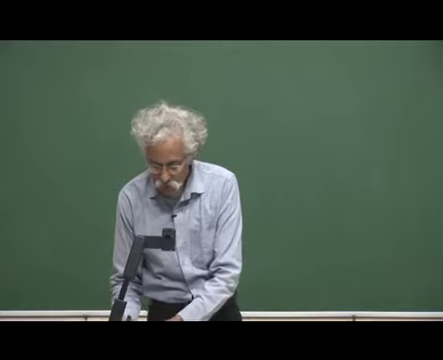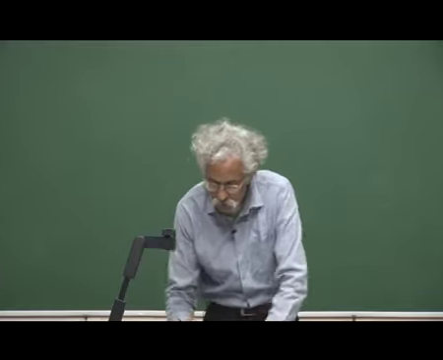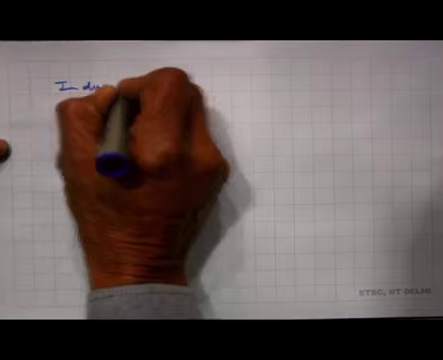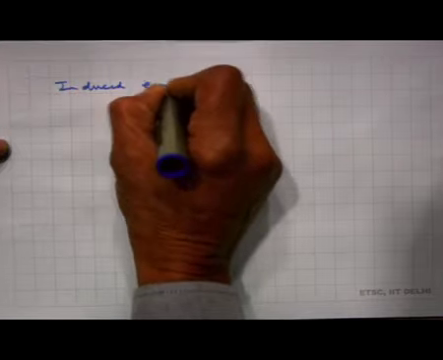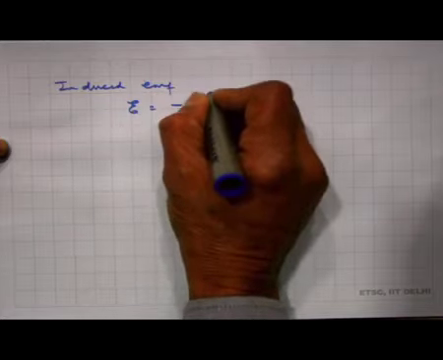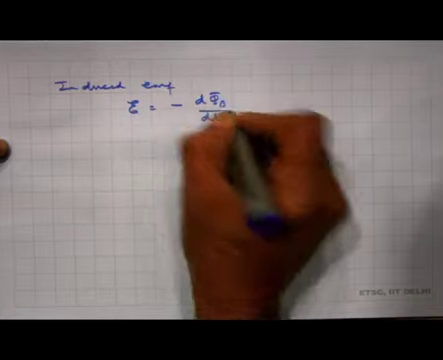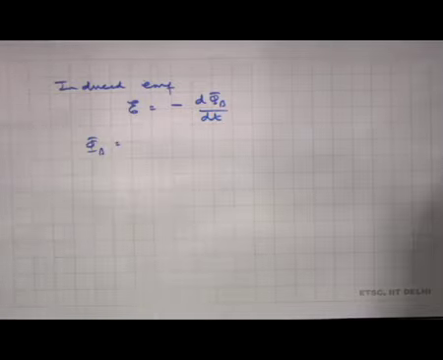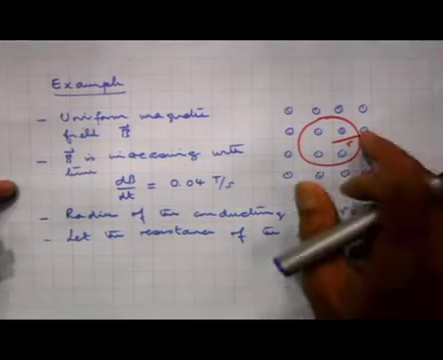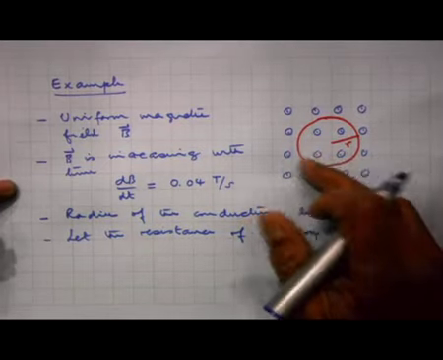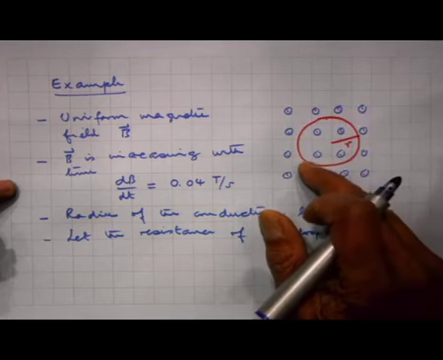Now, what is the induced EMF? Let us calculate it. EMF is equal to minus d phi B by dt. What is the magnetic flux? Because the magnetic field is uniform, the magnetic flux passing through this loop is simply magnetic field multiplied by area.